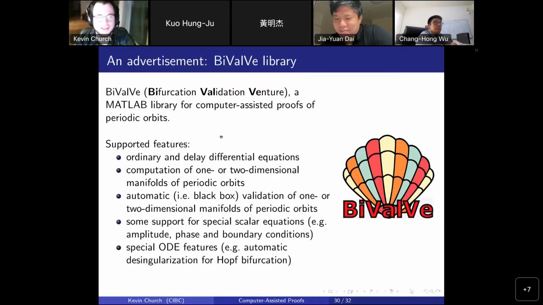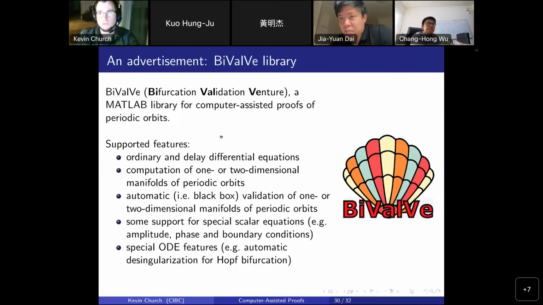It is essentially a black box computer-assisted proofs library in MATLAB that can be used to prove periodic orbits, one-dimensional or two-dimensional continuation of periodic orbits in ordinary and delayed differential equations, provided you have enough setup done at the beginning. In particular, it only works for polynomial vector fields.